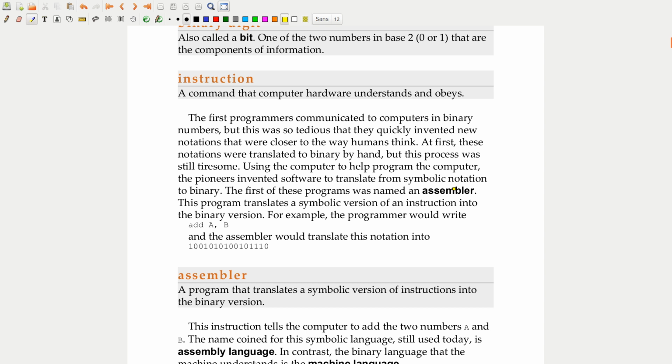So when you write down assembly code, you give that to an assembler. That assembler is actually what turns it into binary. So it translates the language that you write into binary, just like how a compiler will translate your high-level code, such as C, C++, into assembly, but then the assembler has to take it to binary.